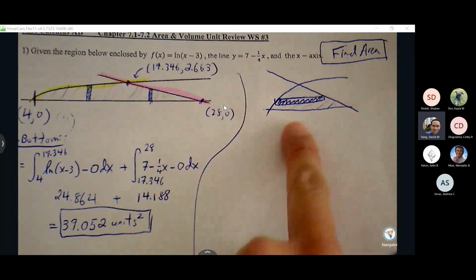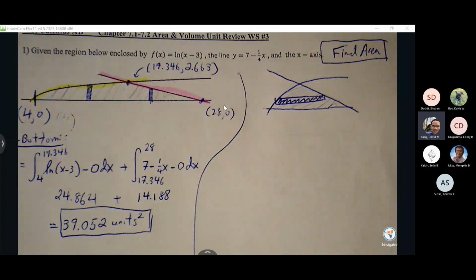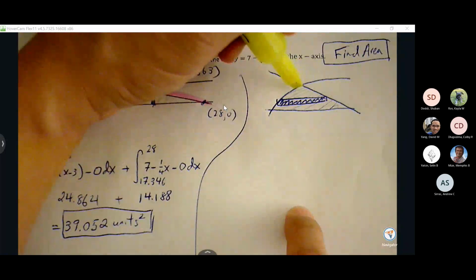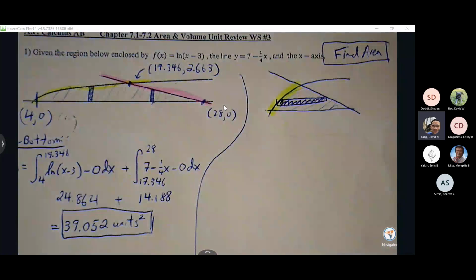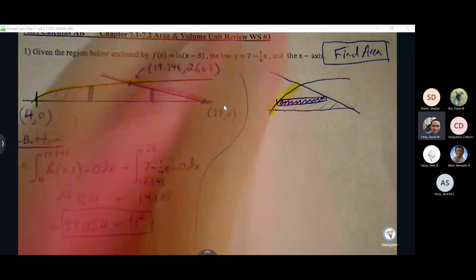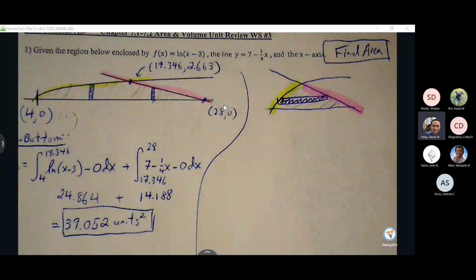But in this case, the good thing is you only need one integral, because the left endpoint of any rectangle that you draw is only going to hit the same graph. Any right endpoint of any rectangle that you draw in this region is only going to hit the other graph. Right? So all we need is one consistent integral.